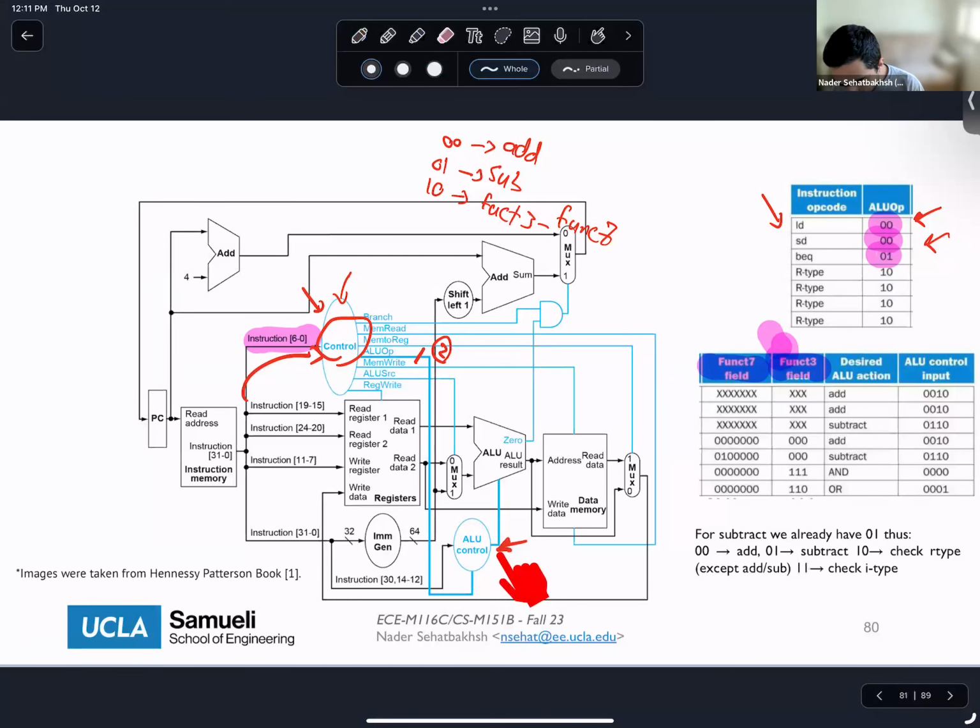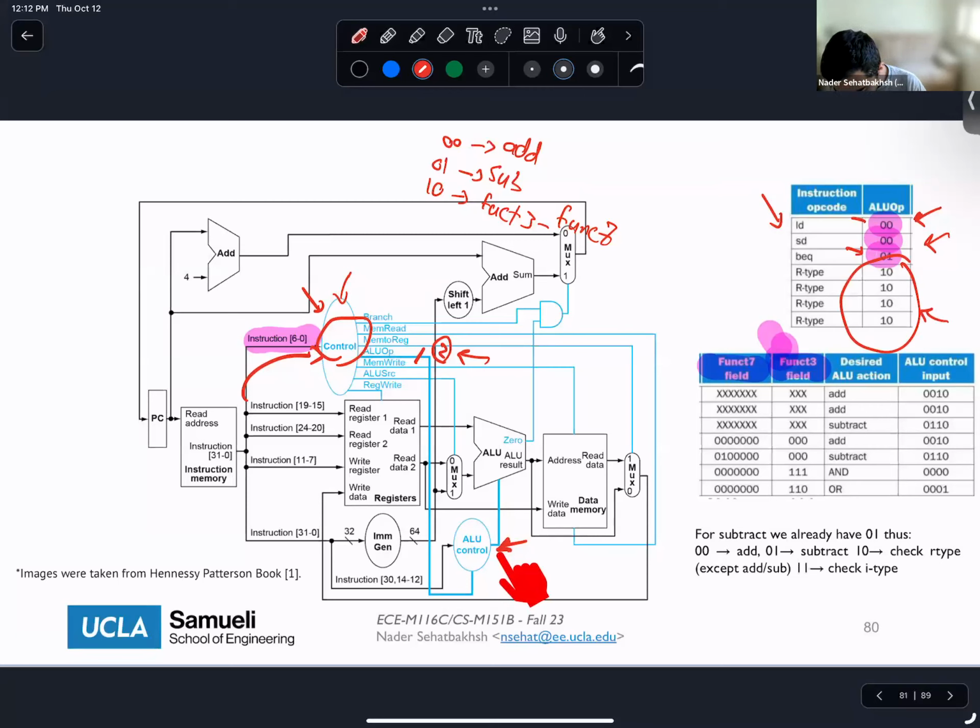I'm going to output 2 bits: if it's add, I'm going to do 0, 0. If it's a sub, I'm going to do 0, 1. And if it's anything else, an R-type or I-type instruction, I'm going to do 1, 0.